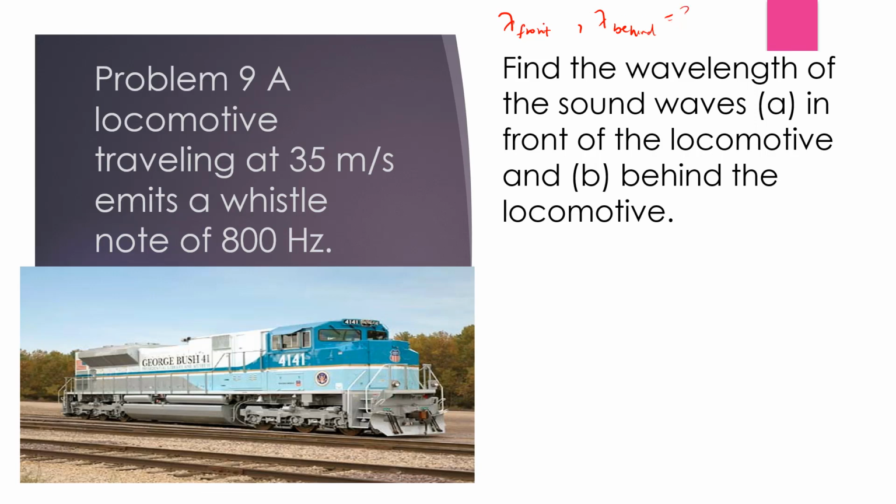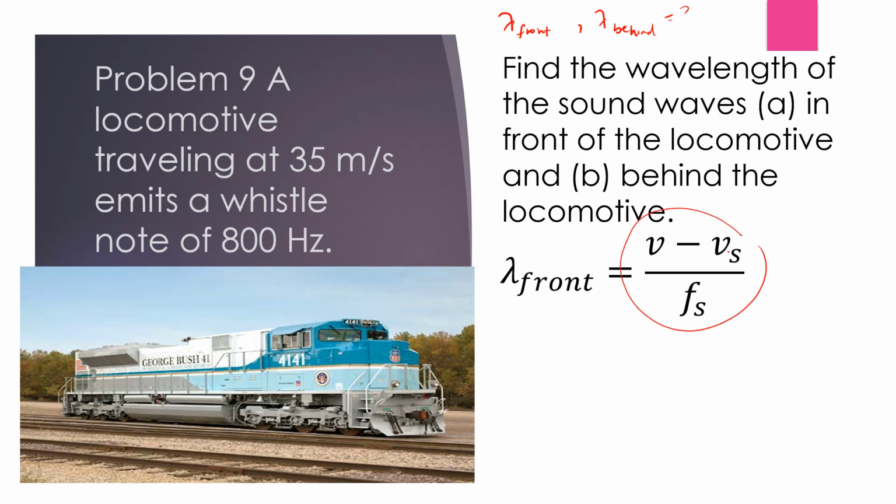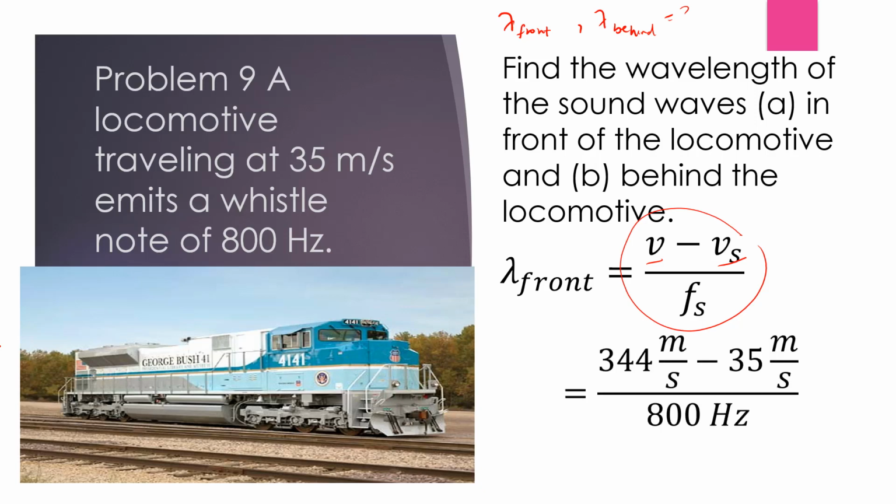Okay, so for lambda front, we have this equation where v is the speed of sound, vs is the speed of the locomotive, and fs is the frequency emitted by this locomotive. So plug in the given, where we assume that the speed of sound is 344 meters per second, vs is 35, and frequency is 800 Hz.